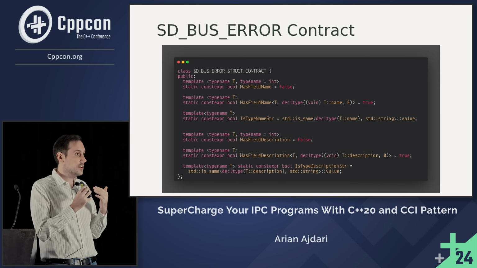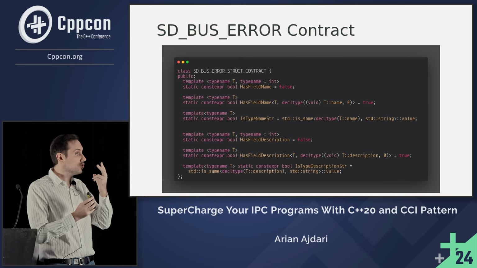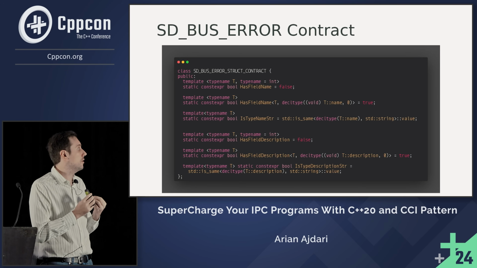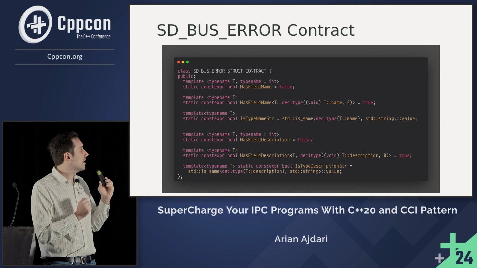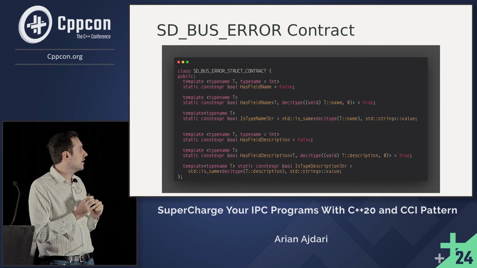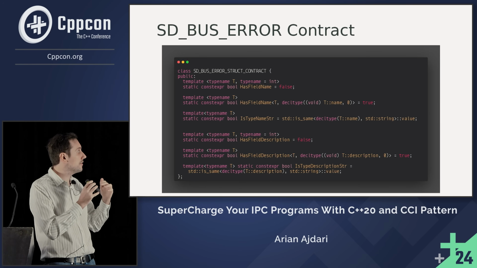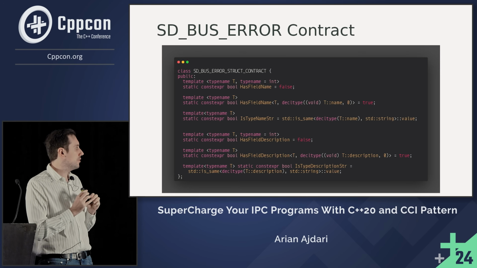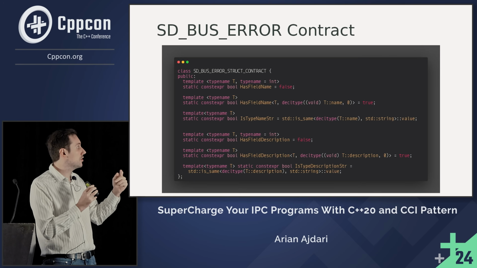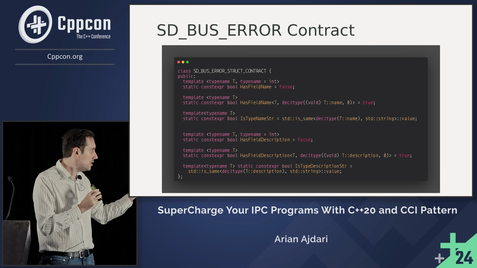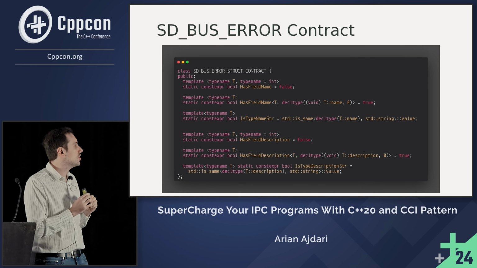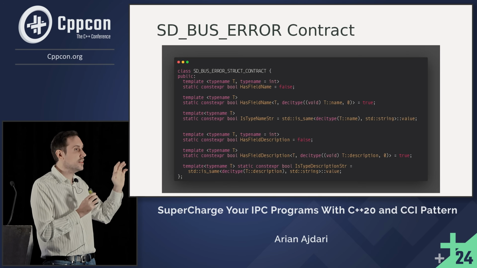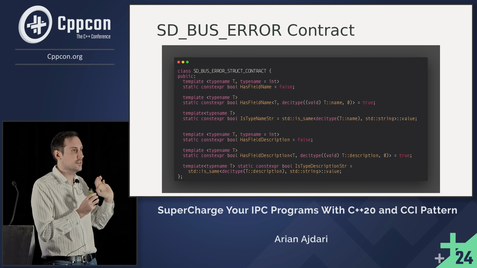So I wanted to give the programmer the information that those two fields actually have a meaning, they do something. So I created a clause which checks whether a particular struct has a field called name. And I also create a clause which checks whether a particular struct has a field called description. And I made sure that both of those types are strings. So this is actually what this contract does.